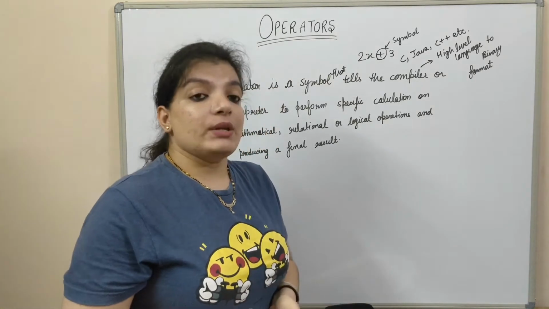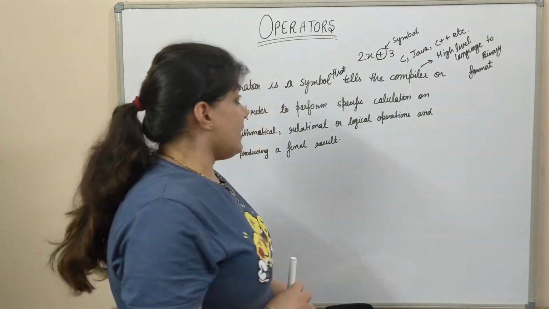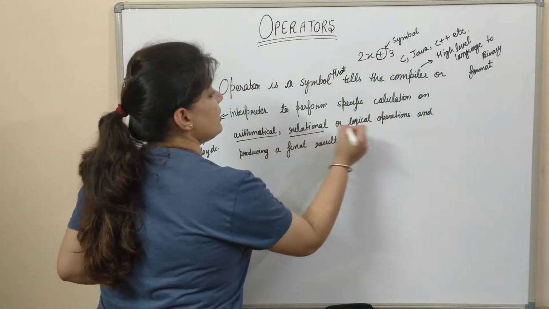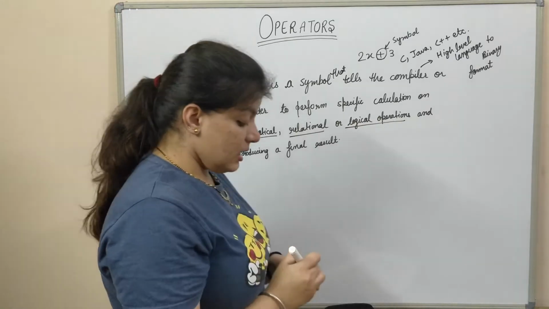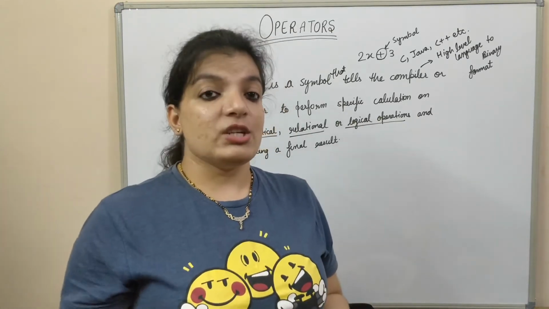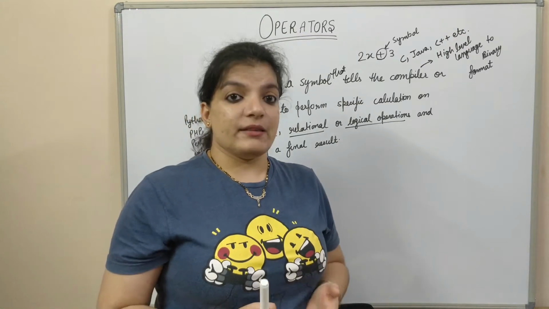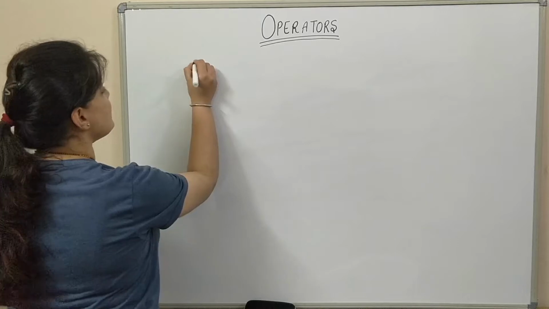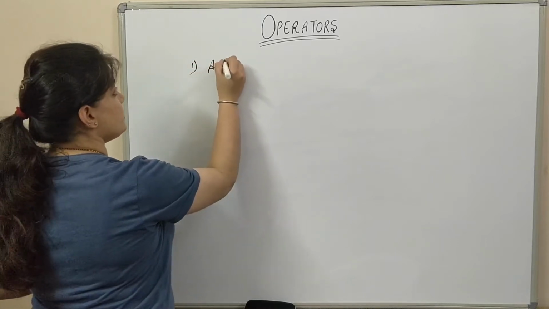So in this video I will explain the arithmetical, relational and logical operations which are available in C, Java and Python programming languages. I am explaining the first operator, that is arithmetic operators.